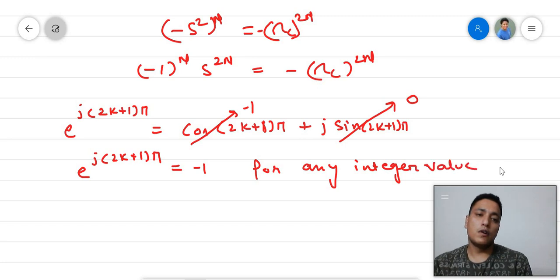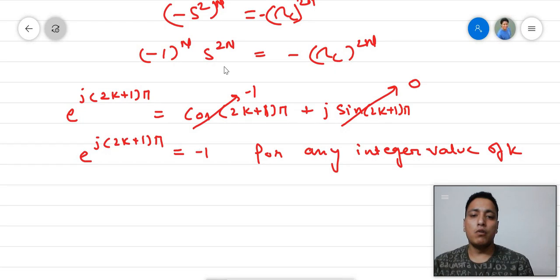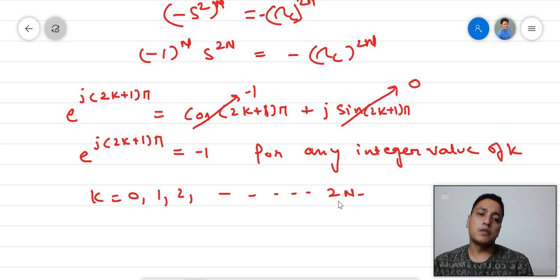value of k. Now what should be the values of k? We know the order in this equation is 2n. So k will vary from 0, 1, 2 up to 2n minus 1. That means it will have total of 2n terms starting from 0 up to 2n minus 1.